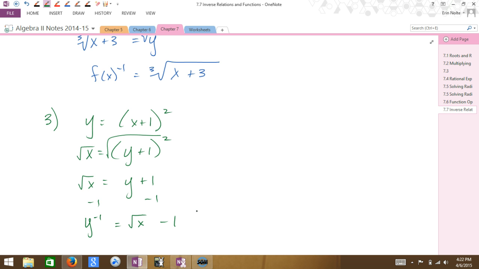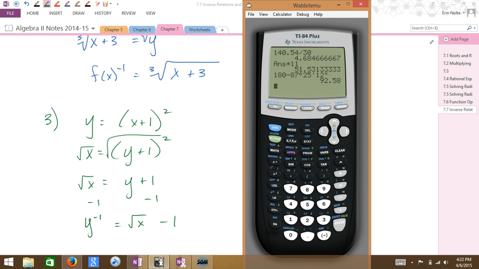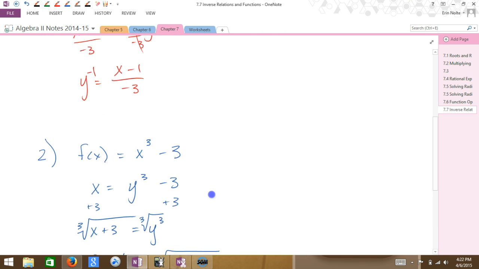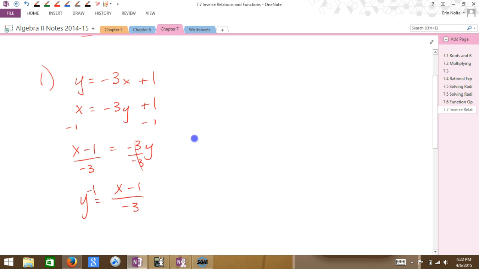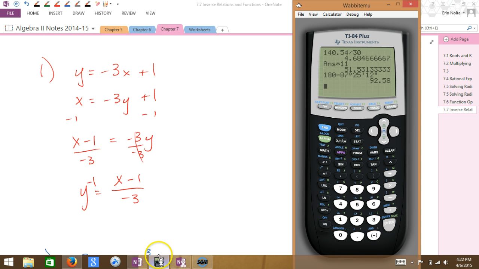So what I want to do is pull up Wabbit and take a look at what these functions look like, and I want to see if you're able to figure out how you would find a function's inverse just by simply graphing it. If I take my calculator and clear what I got in there, I'll start by graphing my initial function.